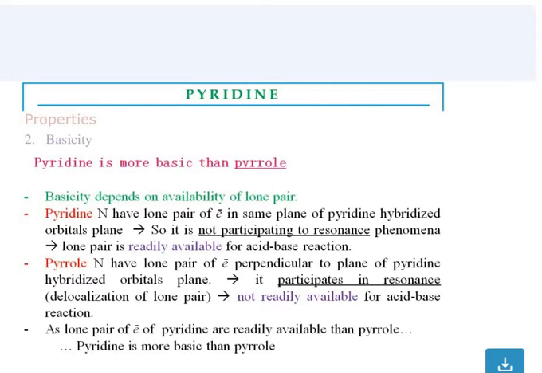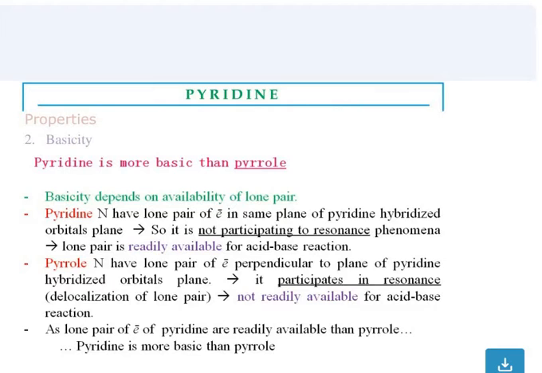Basicity depends on the availability of the lone pair. Pyridine nitrogen has a lone pair of electrons in the same plane as the sp2 hybridized orbital plane, so it is not participating in the resonance phenomenon. The lone pair is readily available for acid-base reactions.